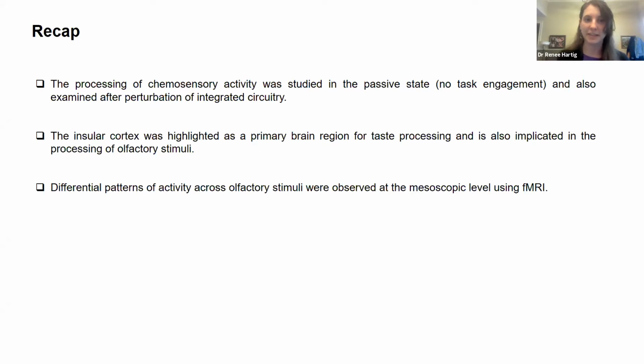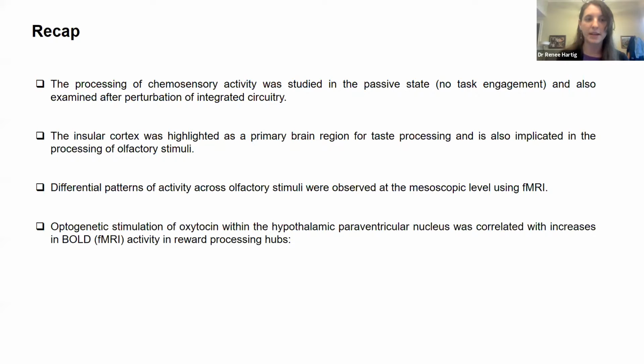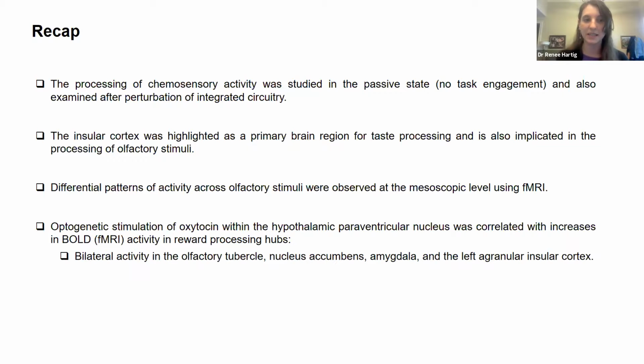Differential patterns of activity across olfactory stimuli were observed at the mesoscopic level using fMRI, and optogenetic stimulation of oxytocin within the hypothalamic paraventricular nucleus was correlated with increases in both fMRI activity and reward processing hubs.